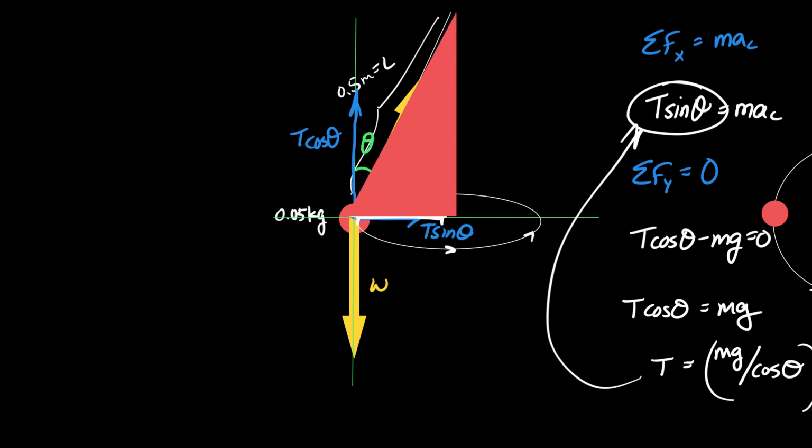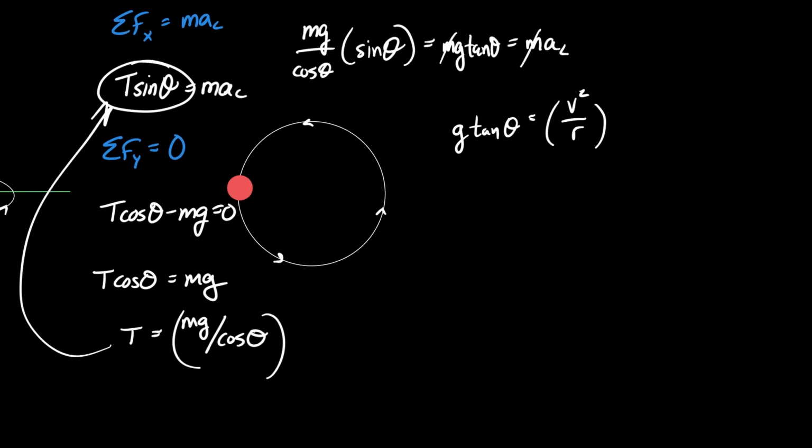Do you see a triangle in all that? So I think the length of the string is related to r. Based on what I've just drawn there, it's related by the sine because it's the opposite side. So if I want to find r, it's L sine theta.